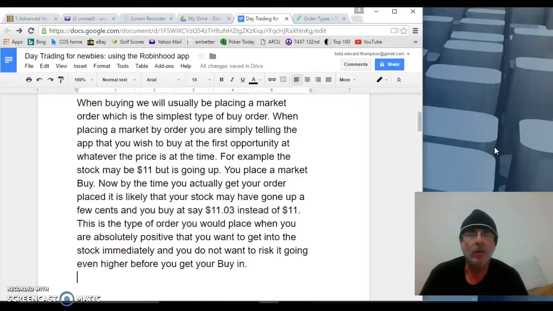And the orders go through almost immediately, so the difference between the price that you're looking at and the price that you pay may only be a few cents, and it can also go down too, so it's not that big a deal. This is the type of purchase that you want to make when you're absolutely positive you just want to buy, and you're not worried about the price going up a few cents before the order executes.